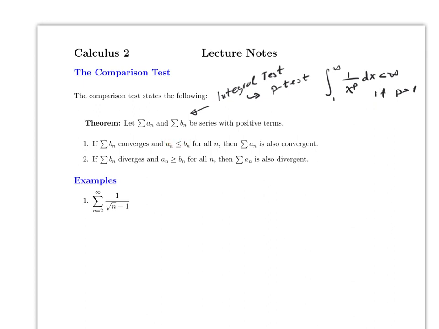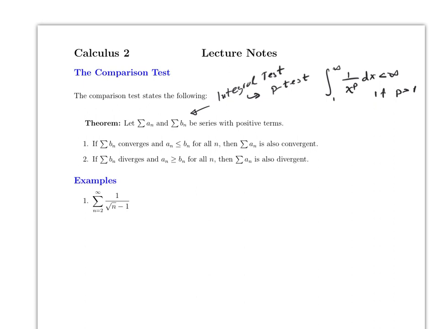That's not quite true, but it will work for this case. So if this is less than this and this is less than infinity, that means it's convergent. Now divergent is the opposite. If this is bigger than this, and this goes to infinity, then it will also go to infinity.